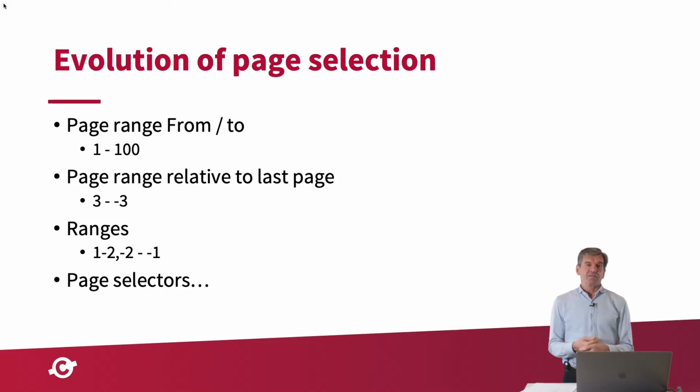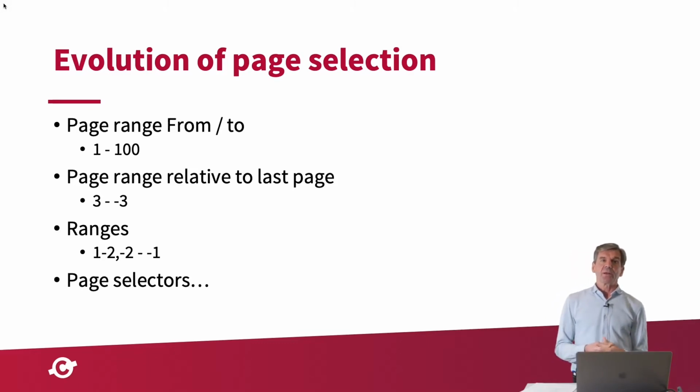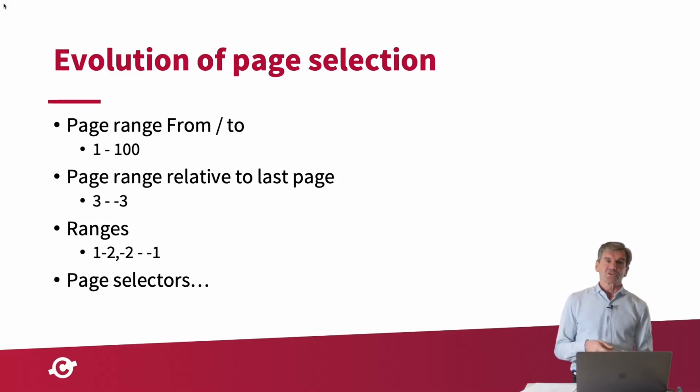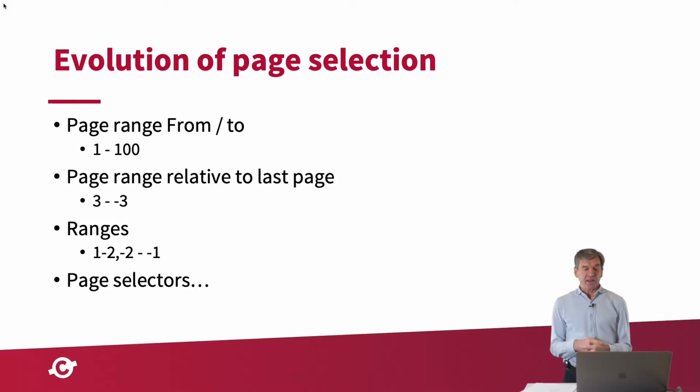It starts fairly simple with a page range. So let's say from page 1 to page 100. It's getting slightly more interesting in the second example, where we say starting with page 3 to the third last page in a PDF file.